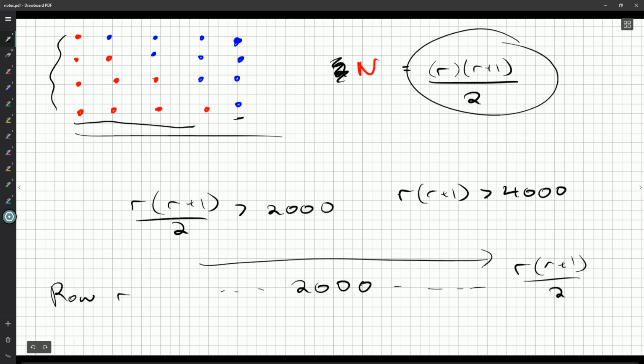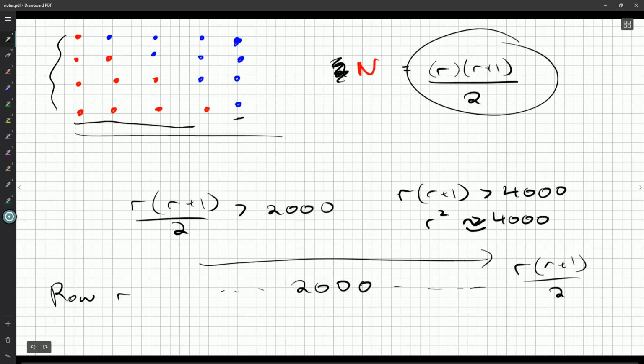Now, r and r plus 1 are really close numbers to r squared. I don't want to solve expressions like this on a grade 7 paper. But I can say, oh, r squared must be about 4000. Maybe it's not bigger, but maybe r times r plus 1 is. But now I could grab my calculator and say, hey, what's the square root of 4000?